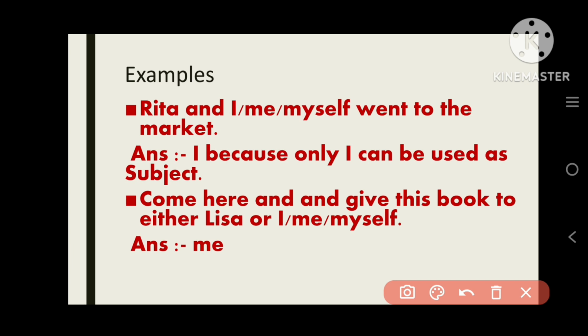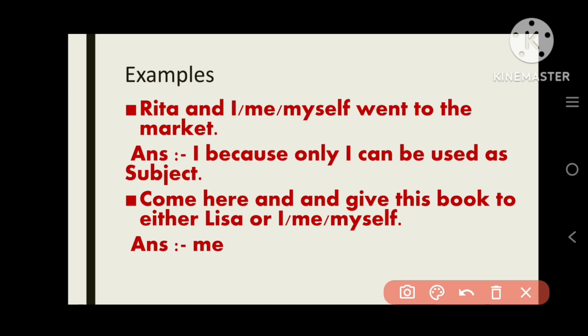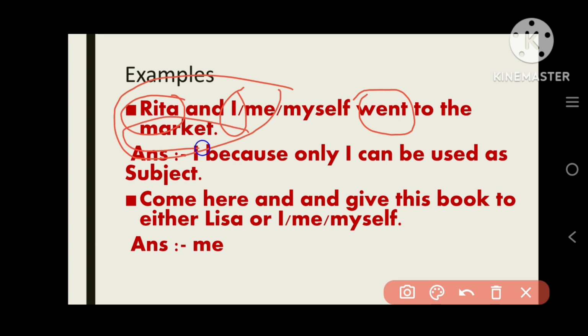This portion is the subject. So Rita and I will be the correct answer. These two together make the subject, and from here onwards is the action verb, and then we are going to the market. So I is the answer because I can be used as subject.